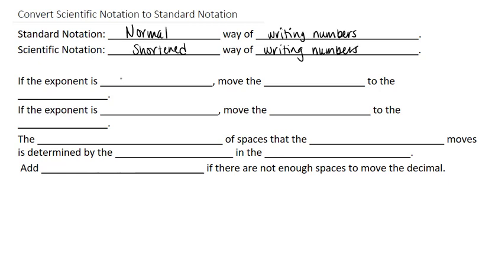If the exponent is positive, we will move the decimal to the right. And if the exponent is negative, we will move the decimal to the left.